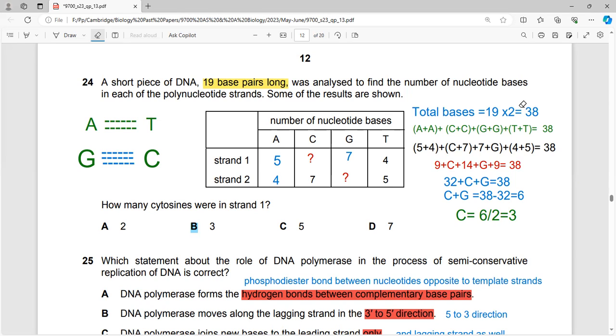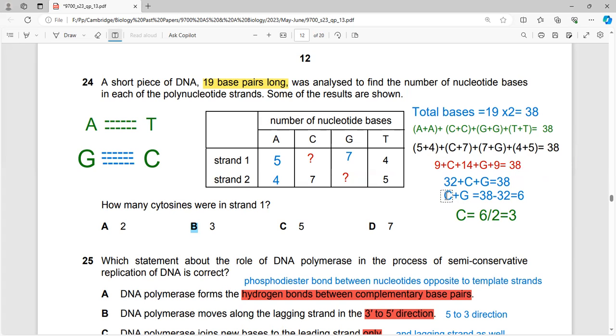And this will become our equation. Now for solving this equation, we can put that value here. So let me make a bit of corrections. Okay, so after solving this, we will get this answer. For example, this will become 9 plus C plus 14 plus G plus 9 is equal to 38. And that is equal to what? 32 plus C plus G is equal to 38.